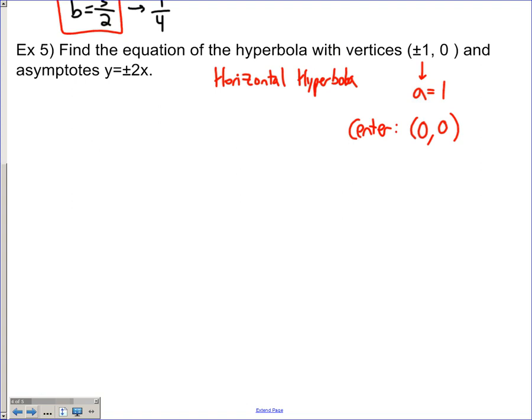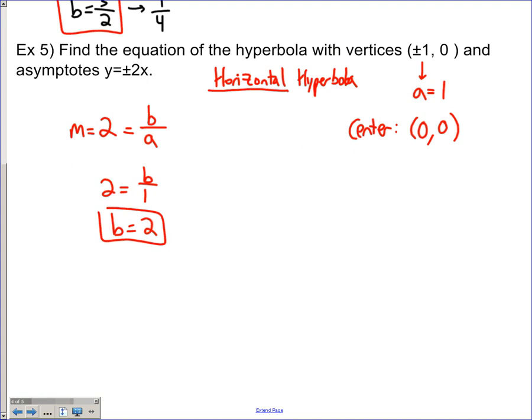So our slope is 2 in this case. M equals 2. Now because it's a horizontal hyperbola, the slope should be equal to b over a. So a is 1. I get 2 equals b over 1. So b is just 2. Okay? We know a, we know b, we know the center. We have everything we need.